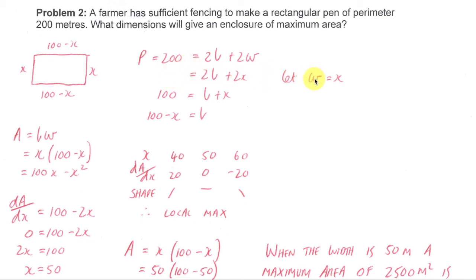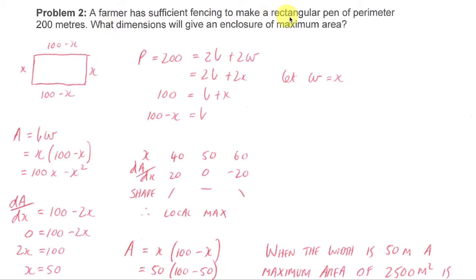So I've just let the width be an unknown x. If I go back to our diagram, you can see I've set the width as being x. Continuing on, if I divide everything by 2, I'll get this line here. And then finally, if I subtract x from both sides, I'll get 100 minus x equaling the length of our rectangle. So that's how I come up with 100 minus x.